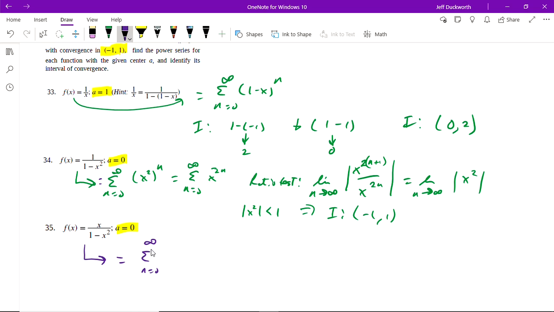So if you recall, this is going to be x times this x to the 2n. Well, that equals x to the 2n plus 1. We can use the ratio test again.